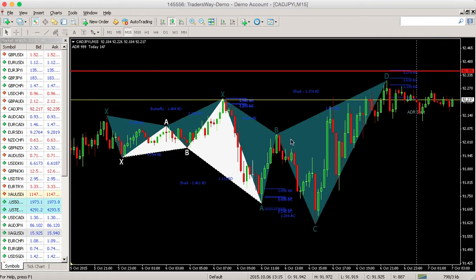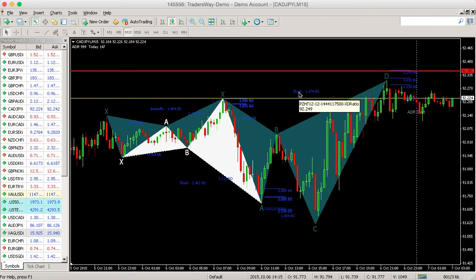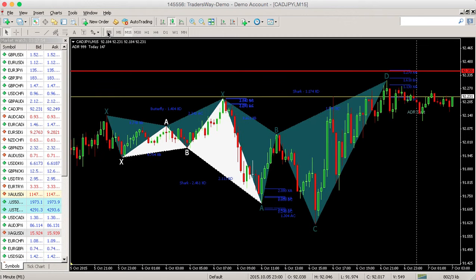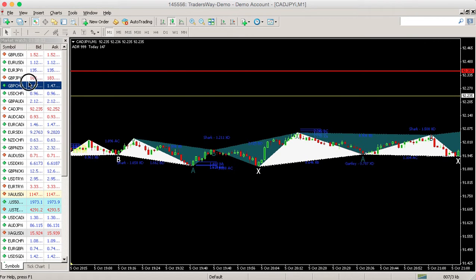Now this pattern completed, the shark pattern completed, and as soon as the shark pattern completes, you normally get a signal that pops up. Let me see if I can get one right now. This is the 1 minute chart. Let me see if I can get one to pop up really fast.